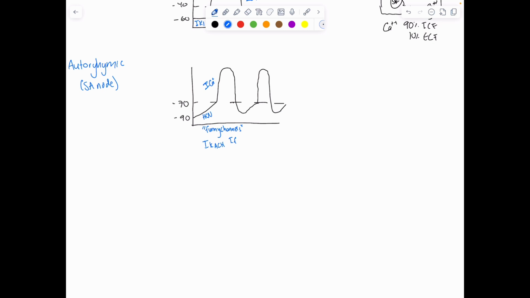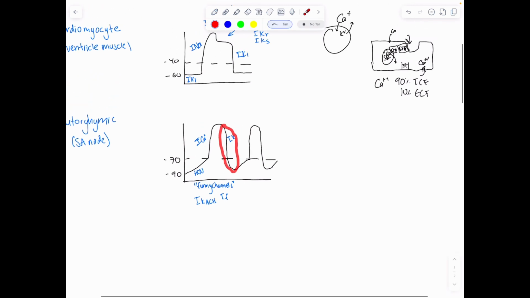And then once we get here, we'll go back and we'll have our potassium, which causes the repolarization of these autorhythmic cells.